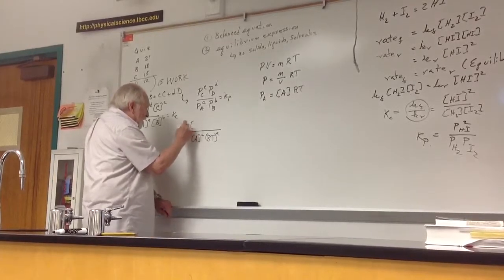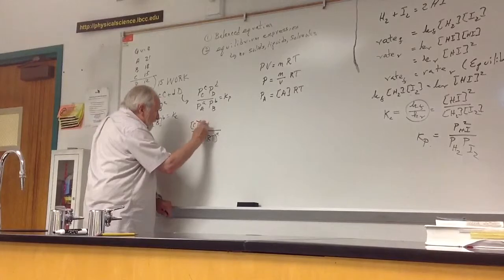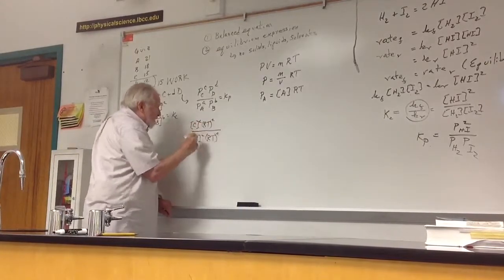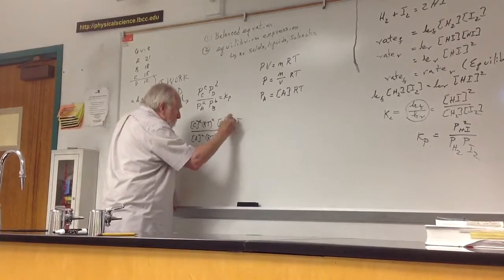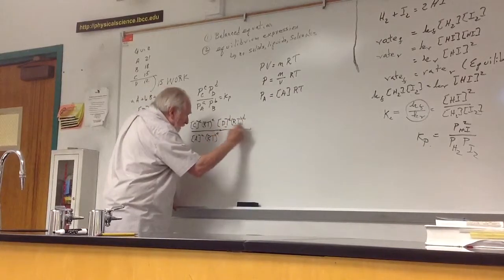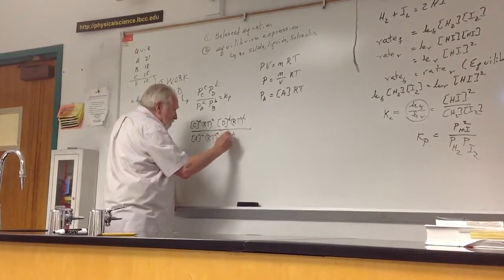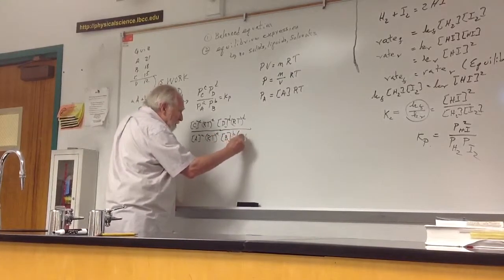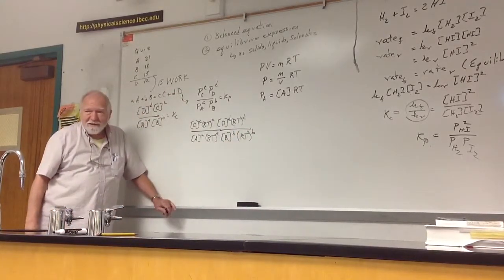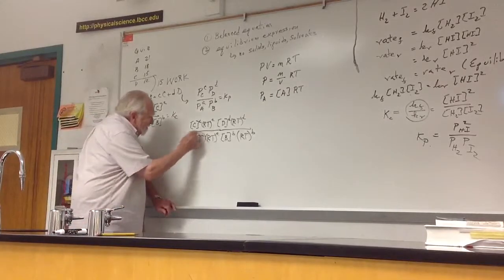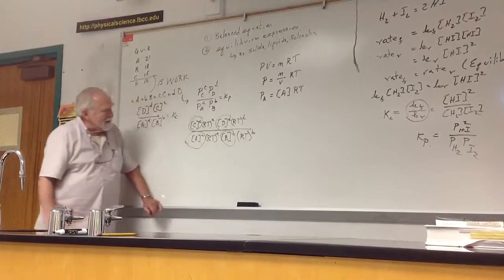Concentration of C, small c power, RT, small c power, and in the denominator I'm going to have concentration of B, small b power, RT, small b power. I'm going to factor the concentrations out, and I'm going to factor out the RTs.